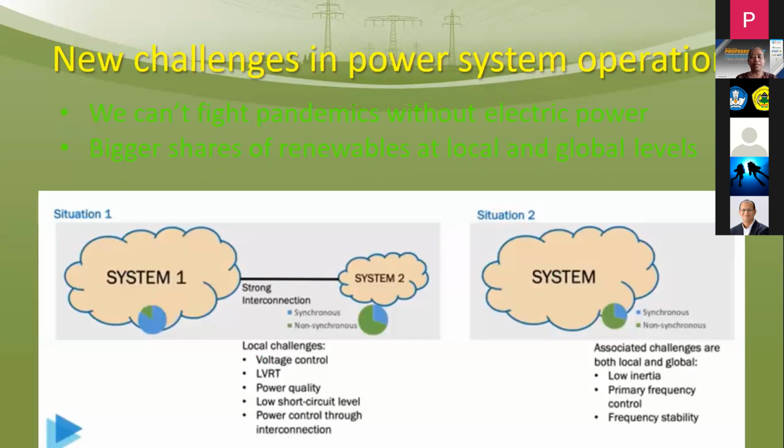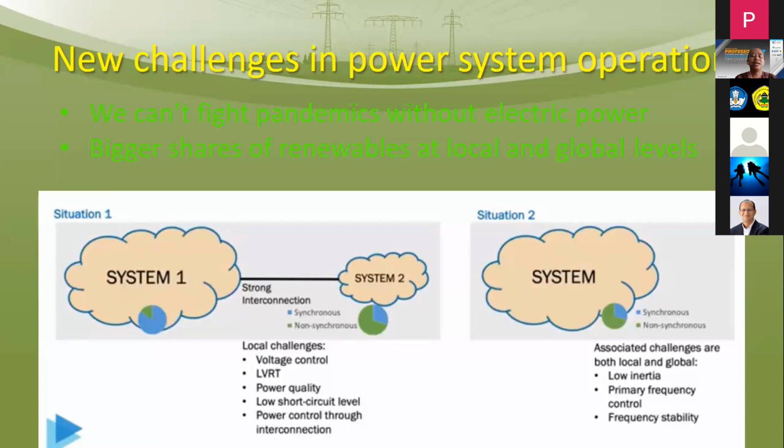In general, we can see two different situations, just to know how important it is to overcome the challenges in power system operation. The first one, situation one, is not specifically in Indonesia, but it can be in other parts of the world. There are two systems which are connected together. The first system is dominated by synchronous generation, and the second one is dominated by non-synchronous generation, for example, from renewable energy.